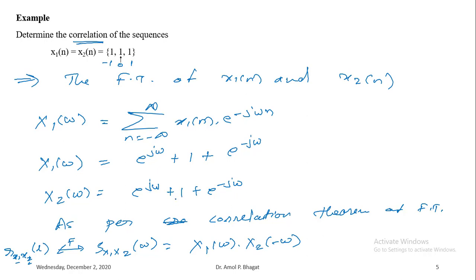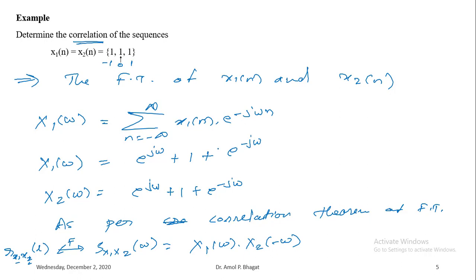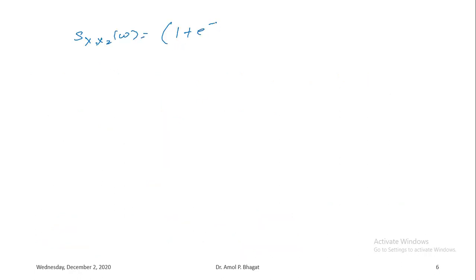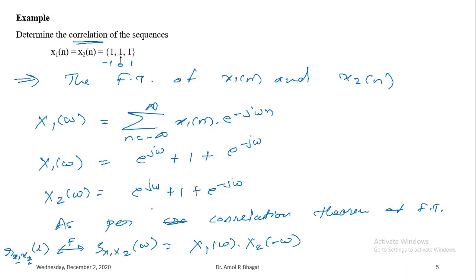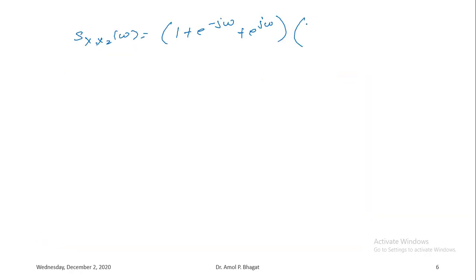Again we get the same equation basically, because replacing omega with minus omega just exchanges the signs. So we multiply: in the first bracket 1 plus e to the power minus j omega plus e to the power j omega, and in the other bracket the same equation.